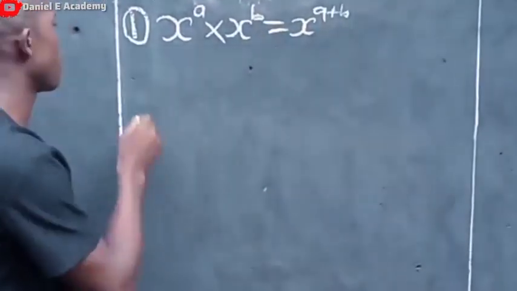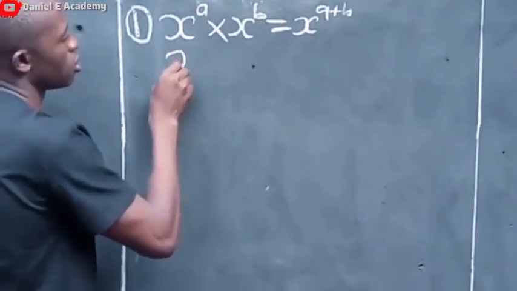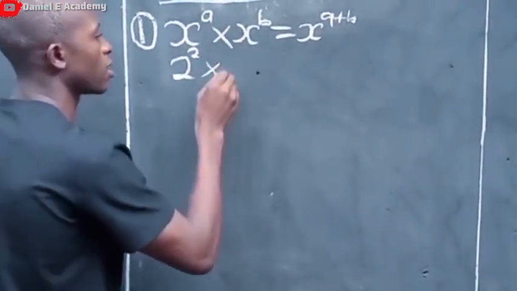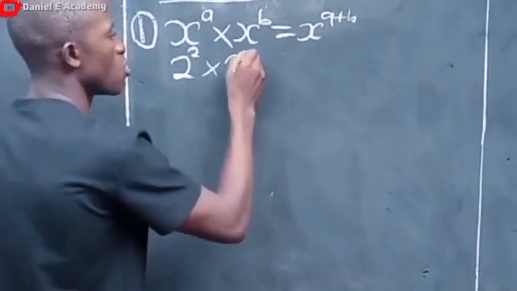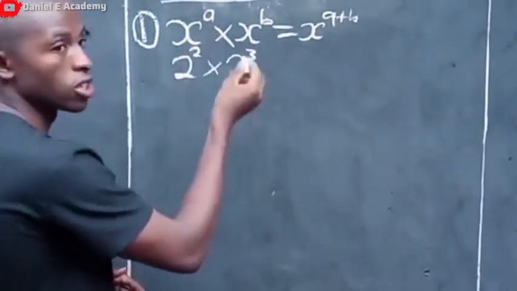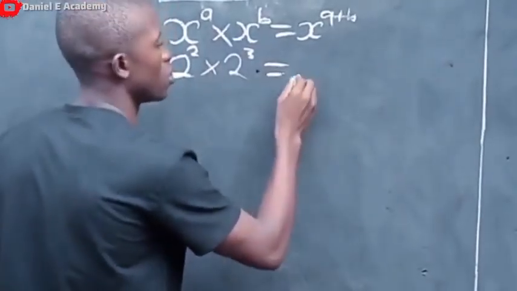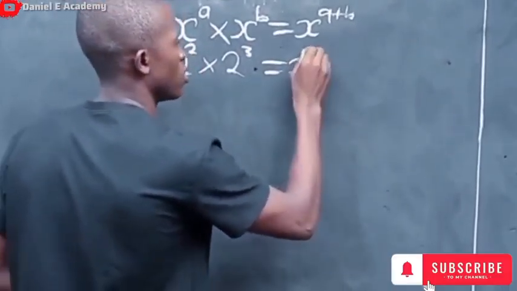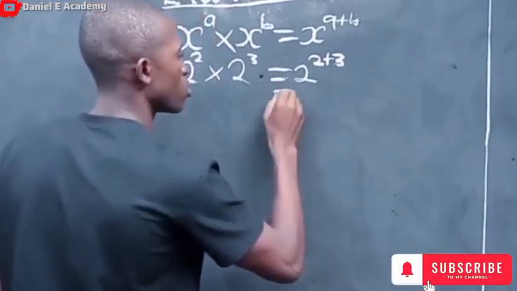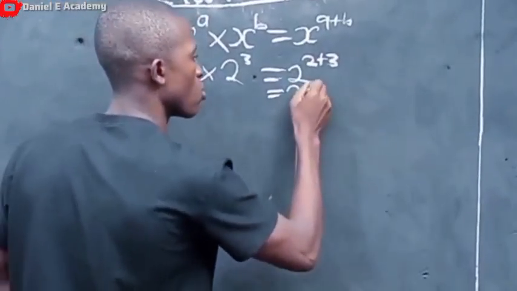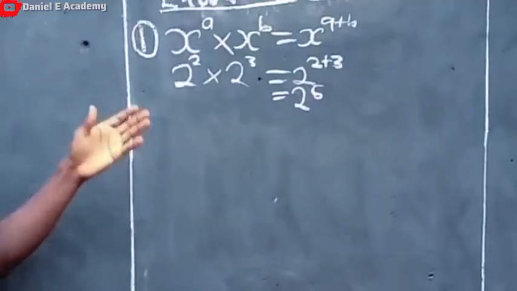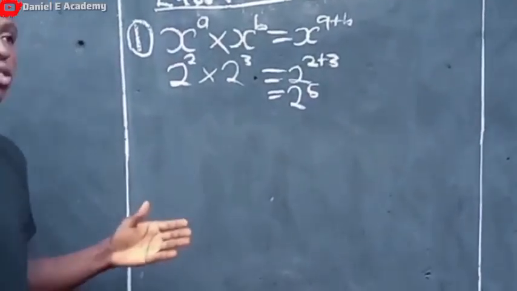Let's take for example 2 power 2 multiplying 2 power 3. Following this law, we have 2 power 2 plus 3, which equals 2 power 5. So that's what the multiplication law is trying to tell us.